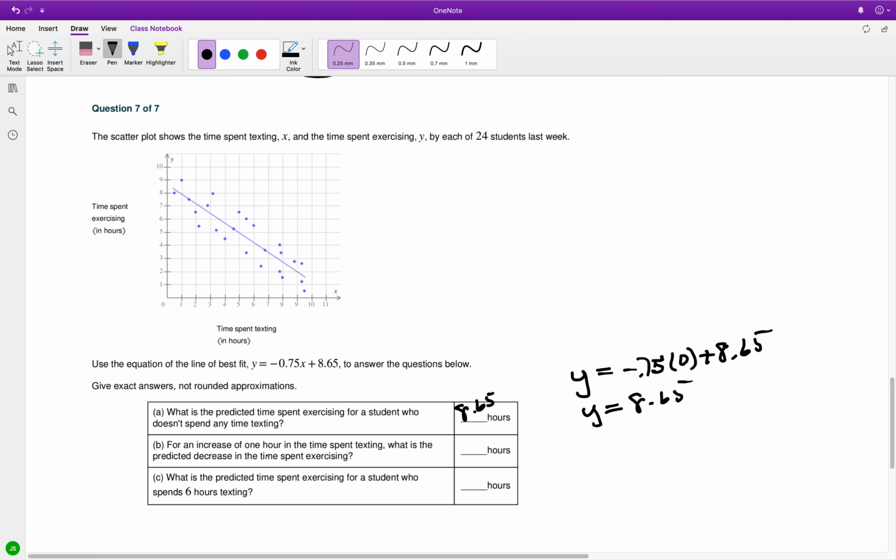Now, for an increase of 1 hour in the time spent texting, what is the predicted decrease in time spent exercising? If I go from 0 to 1, I have minus 0.75 plus 8.65.